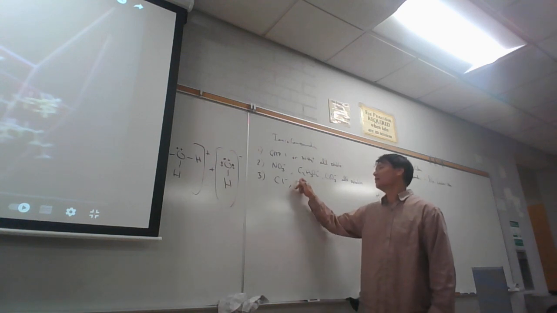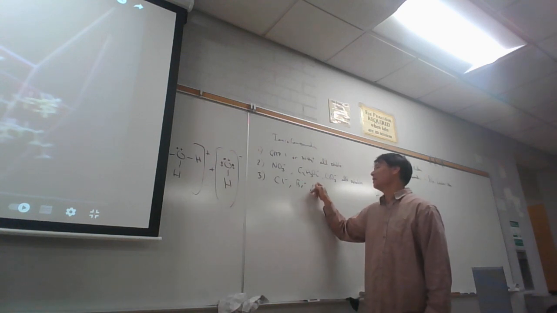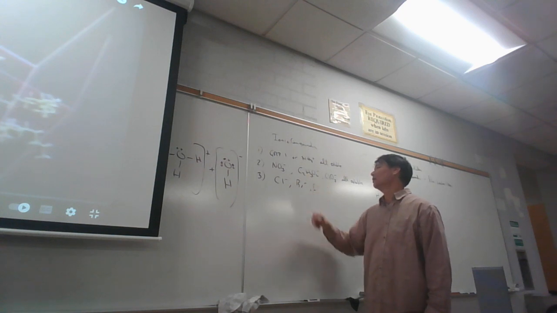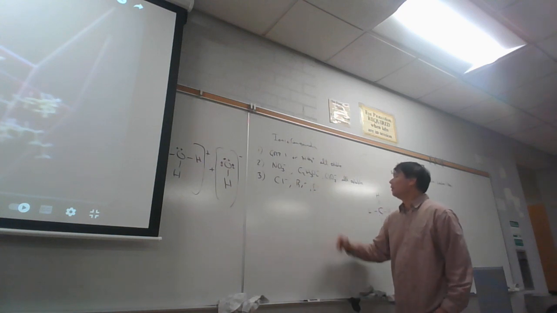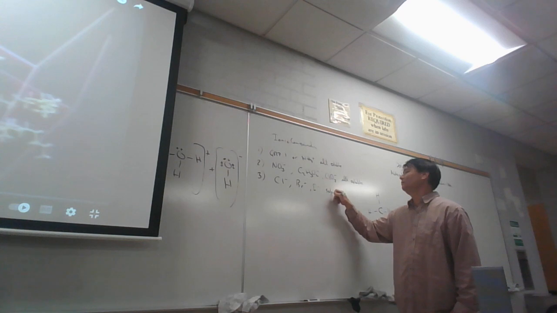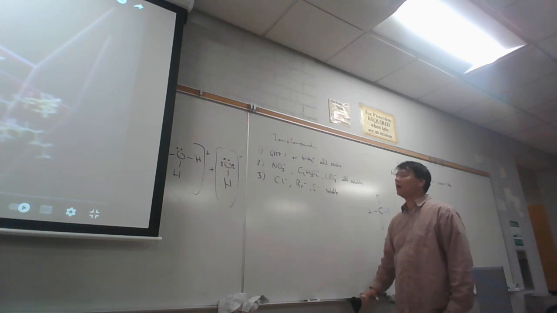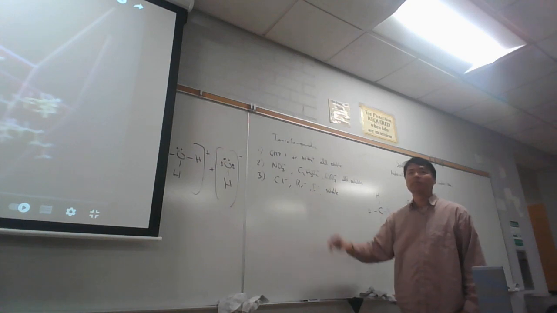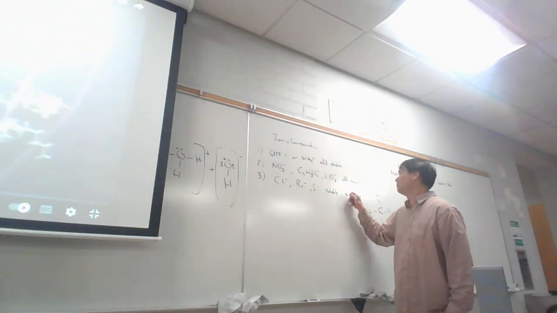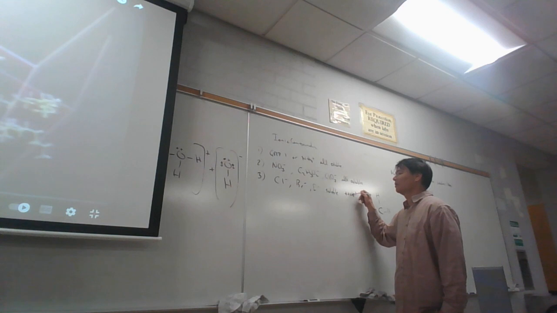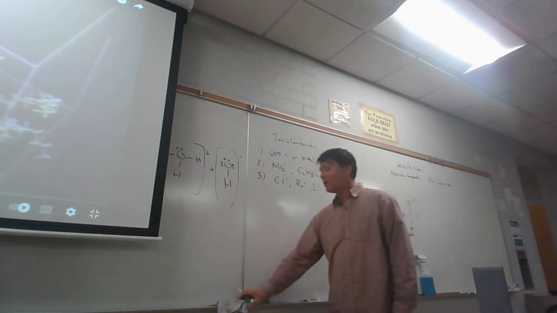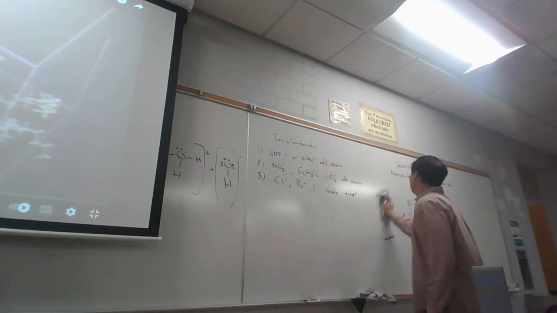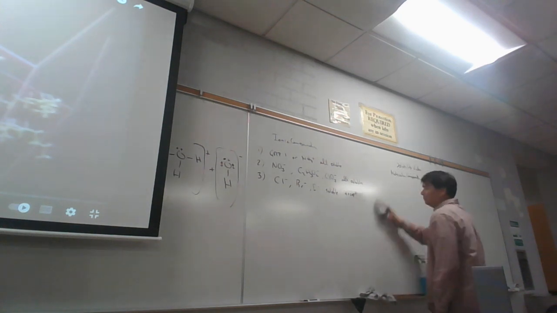So chlorides, bromides, iodides are soluble. So like iron 3 chloride should be soluble. Except for which ones? Mercury chloride is not soluble. And silver.